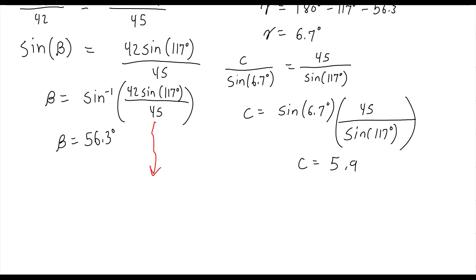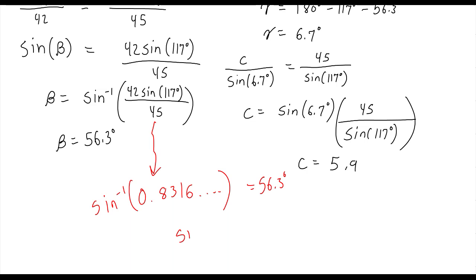I'm going to type that in my calculator again: 42 times sine of 117 divided by 45 comes out to be 0.8316. Okay, that's a bunch of stuff. And then when I did the inverse sine of that, it gave me 56.3 degrees. In other words, sine of 56.3 degrees equals that 0.8316 and so on.